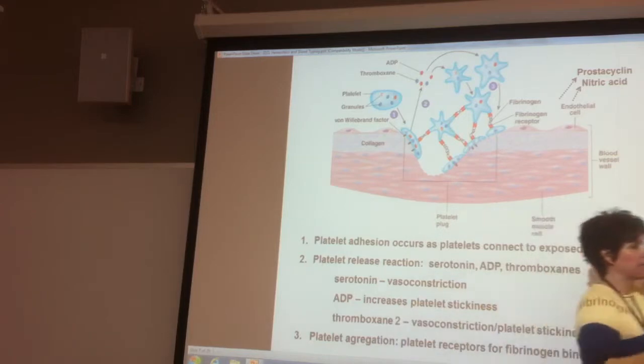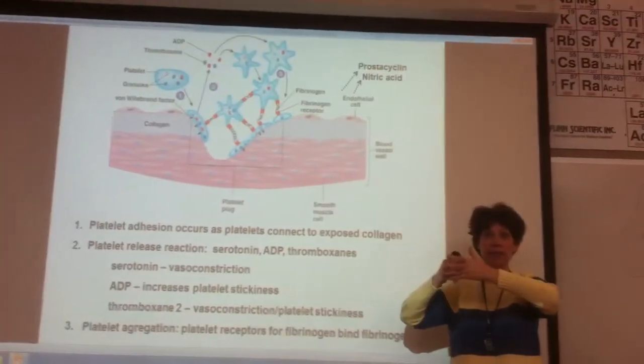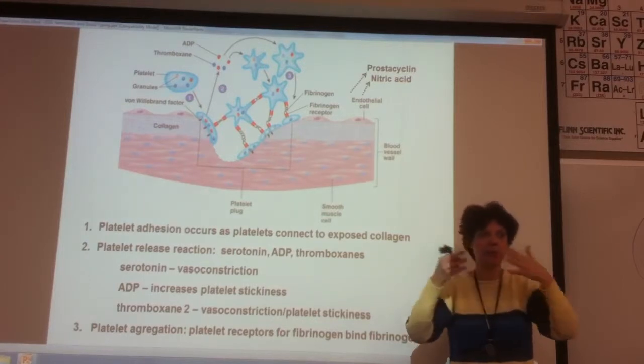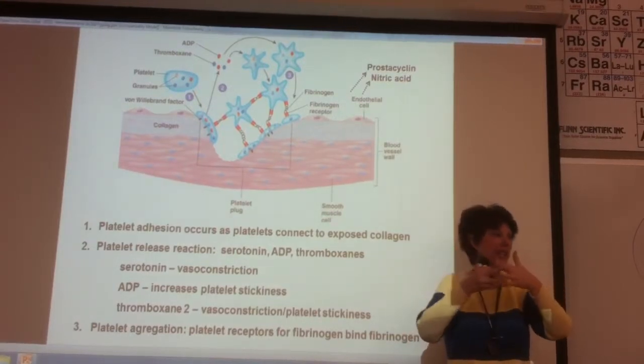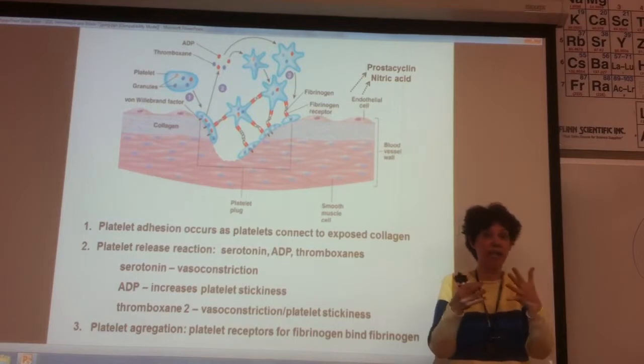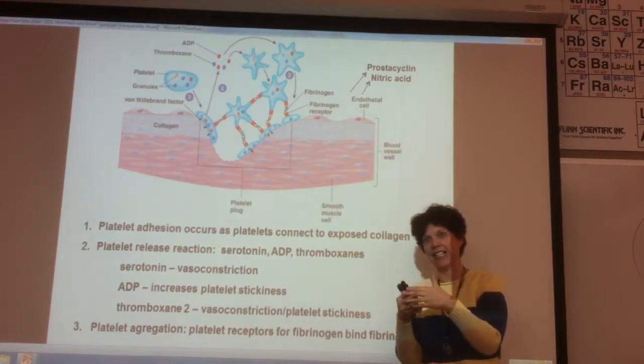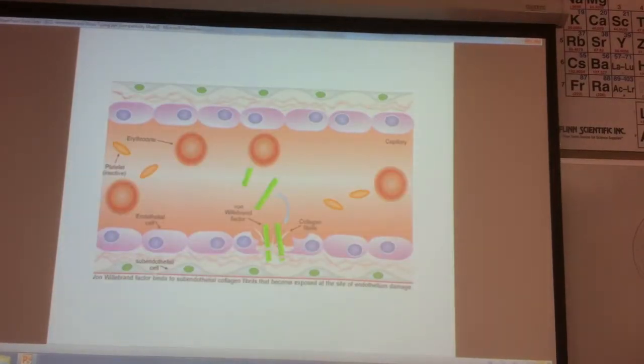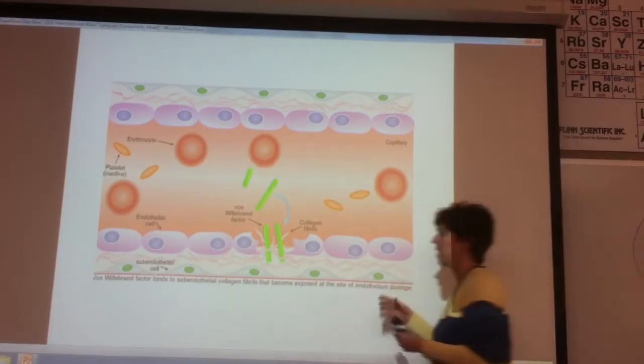And fibrinogen is the precursor to a fibrin filament for coagulation. So there's a lot of overlap between platelets and actual coagulation. They don't require each other, but they each enhance the other's activity and presence.